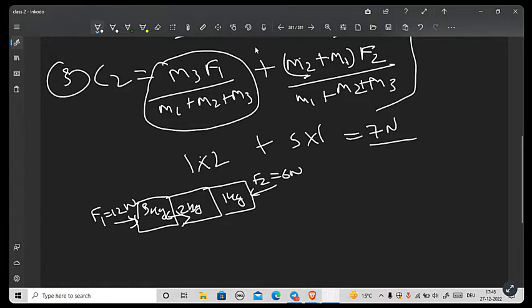So I can say that the contact force between 3 kg and 2 kg is responsible for pushing both the 2 kg block and the 1 kg block in the right direction, because the net force and the net acceleration are in the right direction. So the contact force between 3 kg and 2 kg is responsible for pushing 2 kg and 1 kg towards the right side.